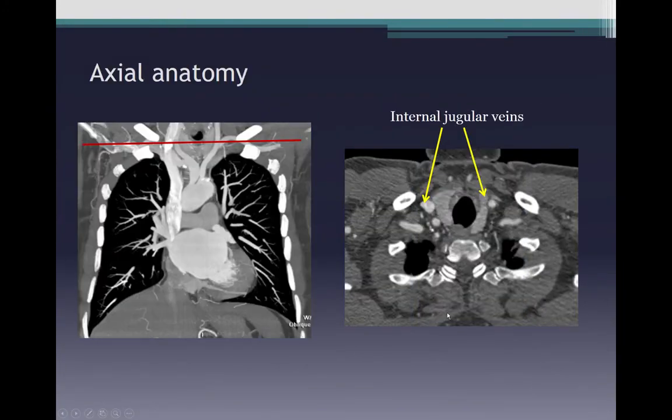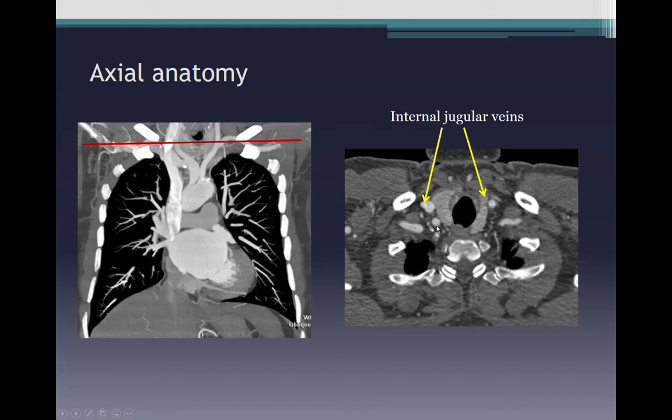As you go higher up, we can see the internal jugular veins on either side. What we see in the center is the trachea, surrounded by soft tissue structure enhancing with contrast, and these are the two lobes of the thyroid gland, and these are the internal jugular veins.